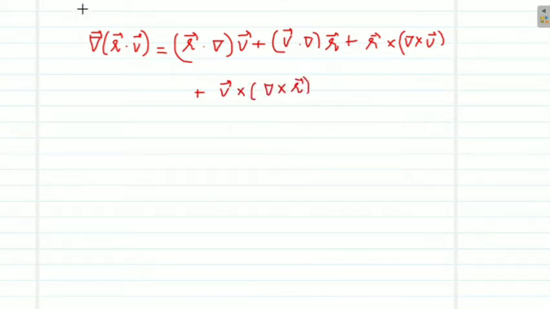So this was the expansion for del of r bar dot v bar in the last derivation, and for each of these terms we took some expressions and we substituted it in the derivation.